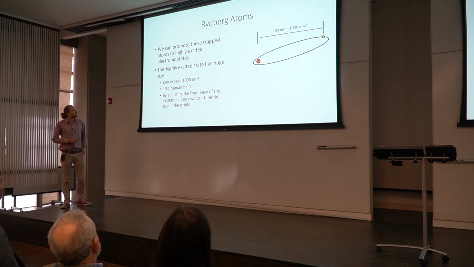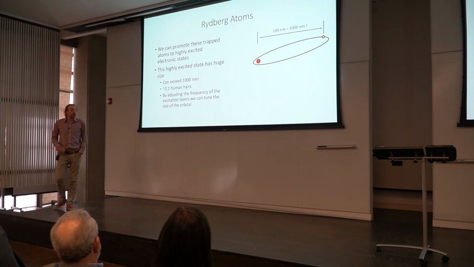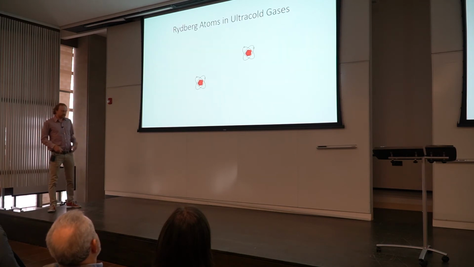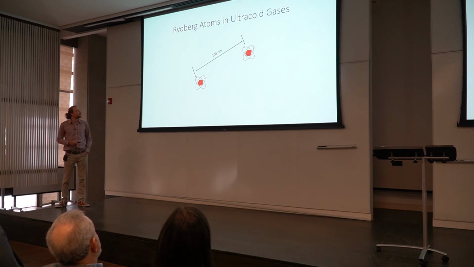What's really neat is that by adjusting the frequency of the lasers that we apply, we can actually change the size of this orbital. Now if we think about what I said before, where we have our samples at ultracold temperatures very close together, with about 100 nanometers between two atoms, I can promote one of them to this very large orbital, and now we can see that my electron is starting to overlap with this atom.